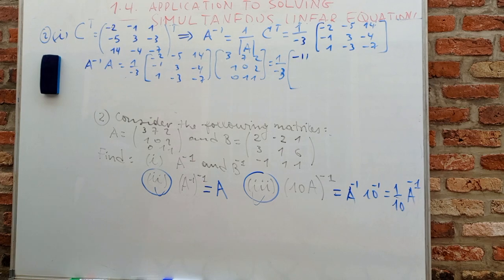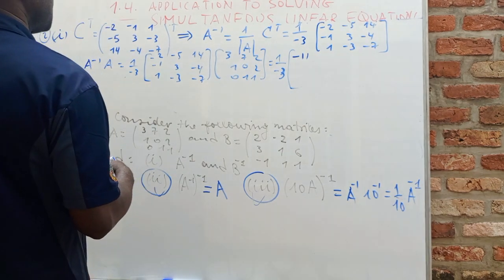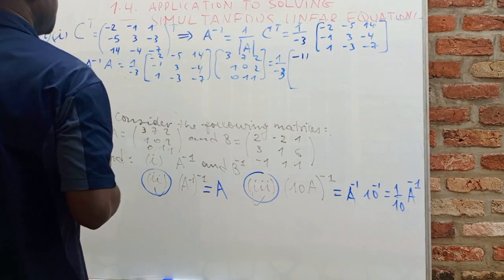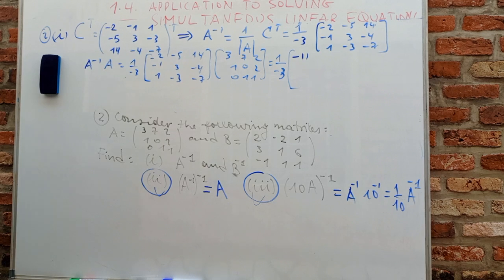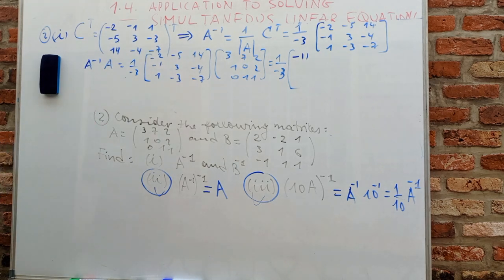So either we had some mistakes on the cofactors or on the determinant. So better is to check the determinant. I cannot go back to check the determinant of this matrix. Okay, so how can I check this?